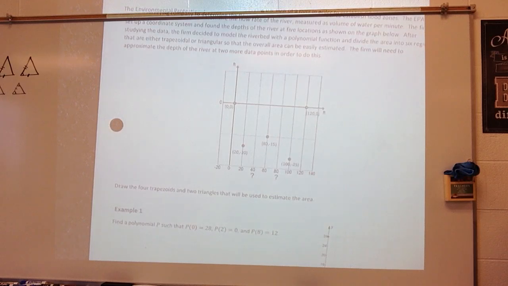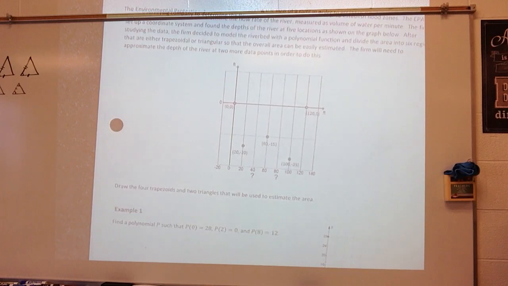To estimate the area of the cross-section, what information do we need? Well, we have to have enough data points to make a good estimate. And that's why it says we need to find the depth of the river at 2 more data points in order to do this. To gather enough data points, we need to make an assumption that the riverbed changes smoothly between the data points that we have.